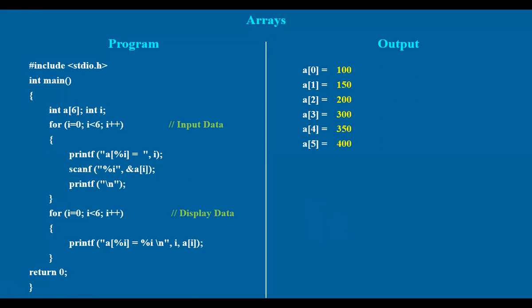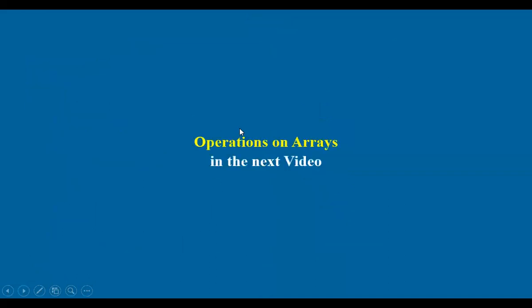Like this, we have entered all the elements and this for loop is over. Now the display of data. Coming to the display, this for loop acts and you get all the output here at once. So like this, we use the for loop to read the data, that is to input the data, and also to display the data here.